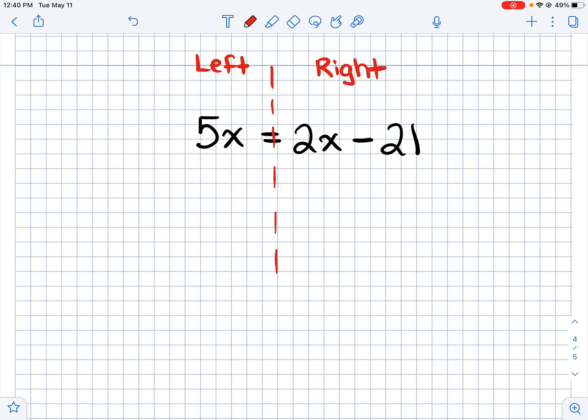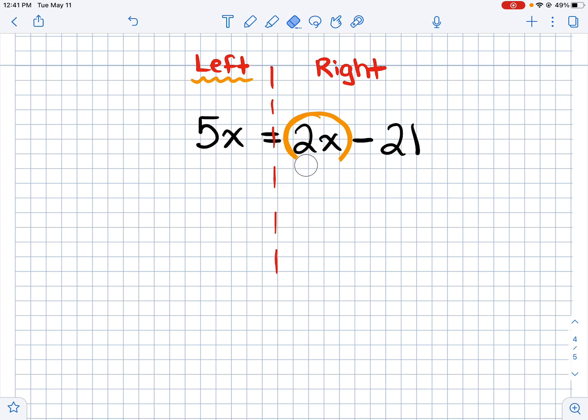Okay, so we need our x's to all be on one side. So the first thing I'm going to do is I'm going to get rid of this thing. And that's because I don't want to have two separate x's. So I'm going to get rid of that so that I just have x on the left. So how do I get rid of a 2x?